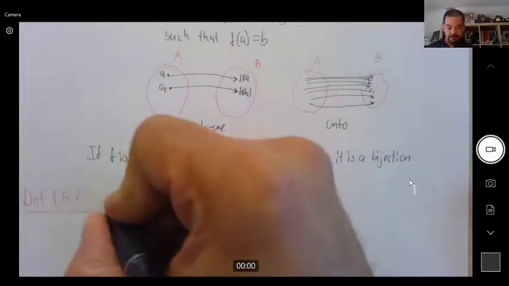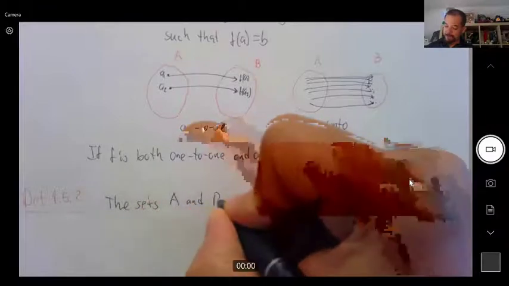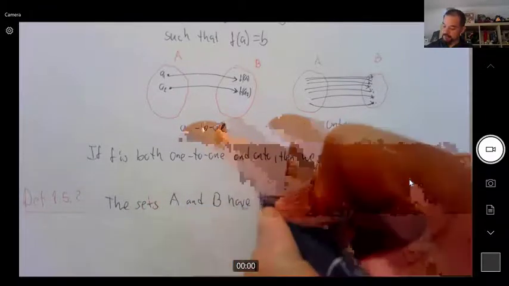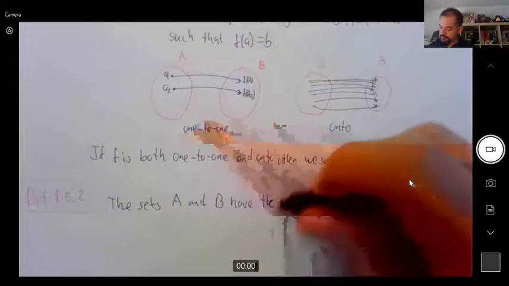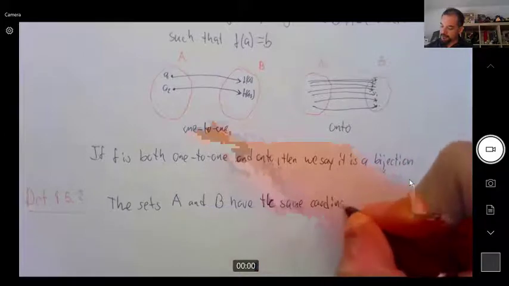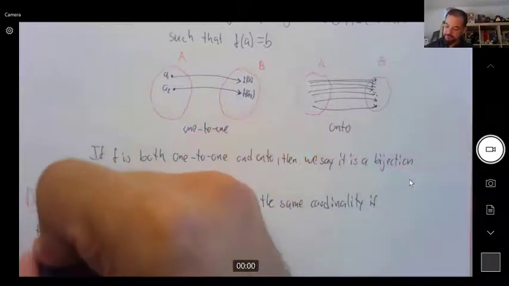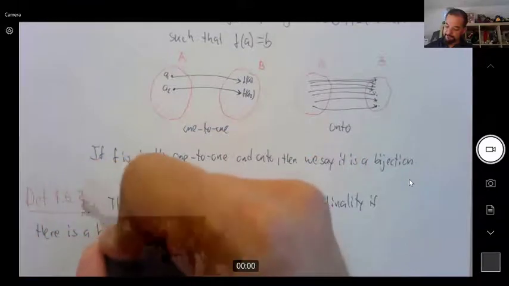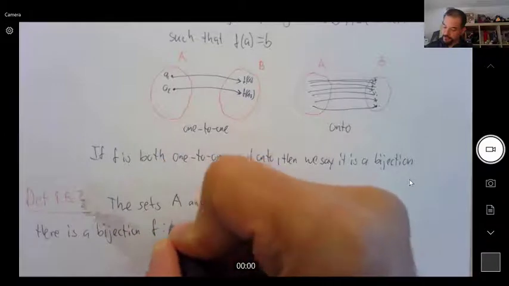We say that the sets A and B have the same cardinality if there is a bijection f from A to B.